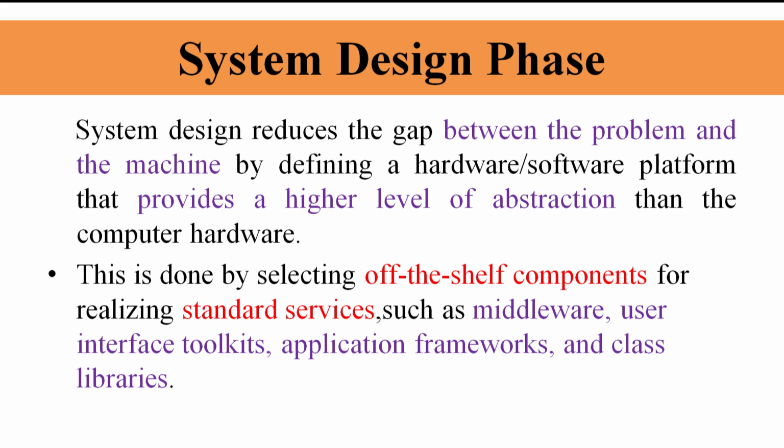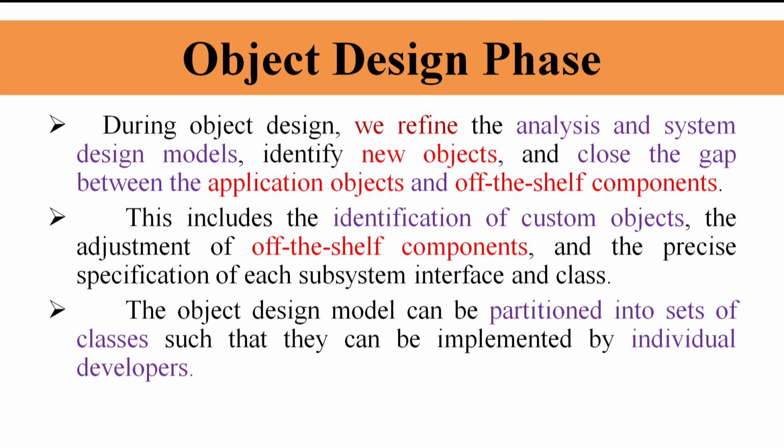For that purpose, some standard services can be taken with the help of those off-the-shelf components, such as some middleware, user interface toolkit, and some application framework or libraries which we can use for specific service requirements in the system. Then comes the object design.